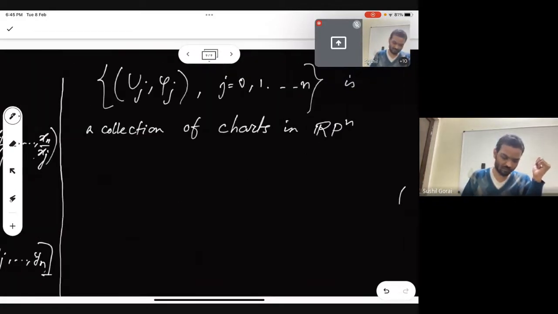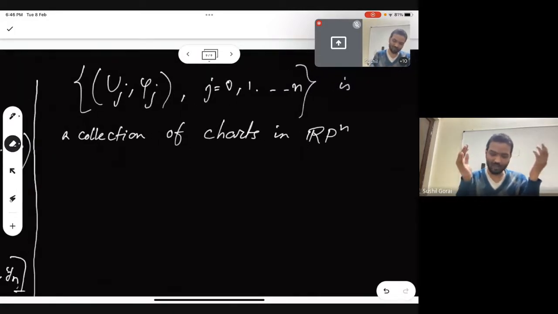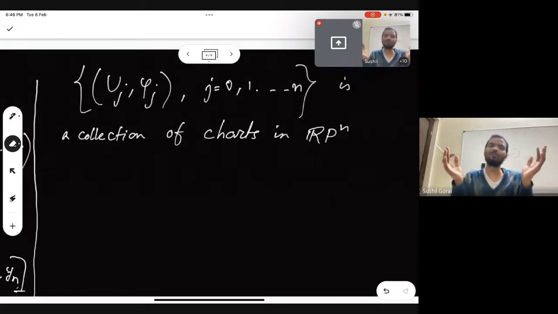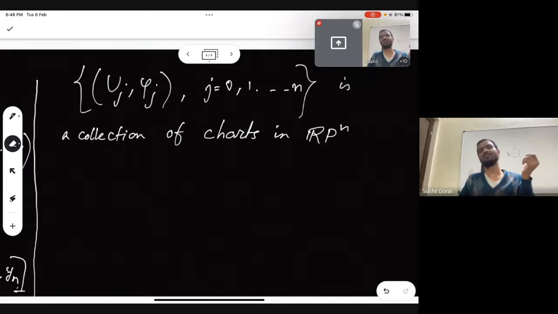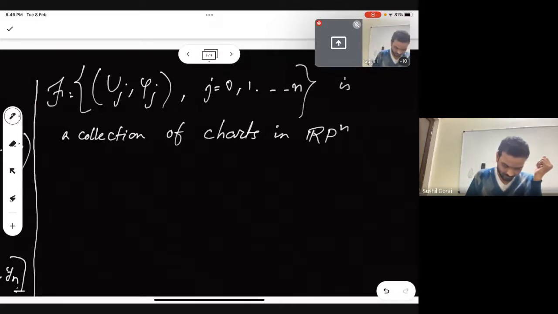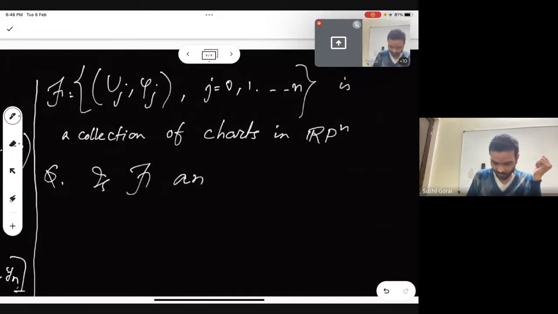Now once we have a homeomorphism, an open set combined with that homeomorphism gives a chart. Now you look at the collection of charts. The question is, is this collection F an atlas for RP^n?